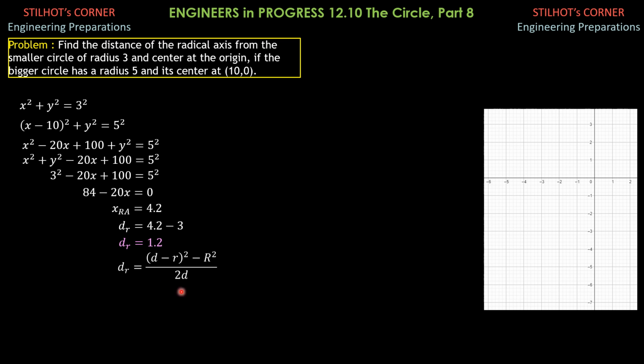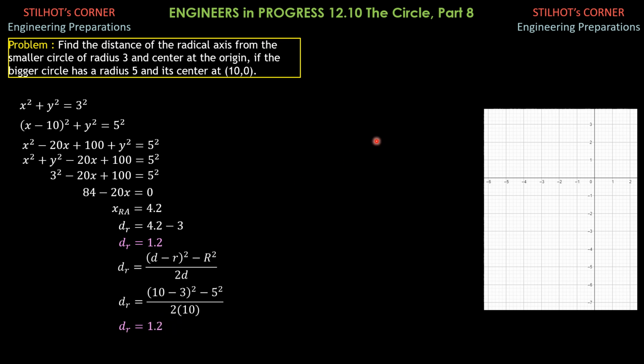Substitute: d sub r is (10 minus 3) squared minus 5 squared all over 2 times 10. The numerator is 7 squared, which is 49, minus 5 squared, which is 25. 49 minus 25 is 24, and 24 over 20 is 1.2. So that's why d sub r is 1.2.